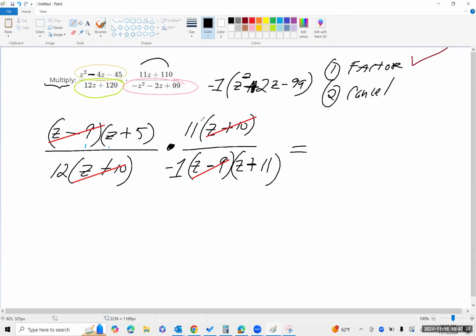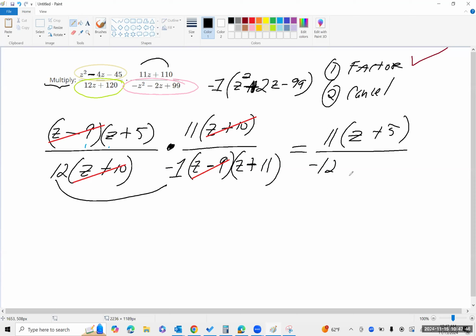So I'm left with 11 times z plus 5, 11 times z plus 5. And let's multiply the 12 and the minus 1. So that's negative 12. And then z plus 11. And that's how we do that problem.